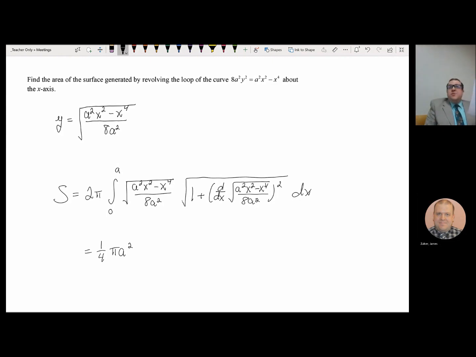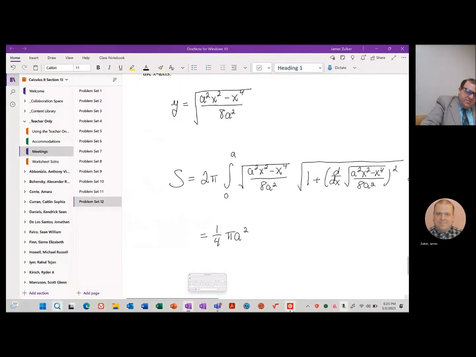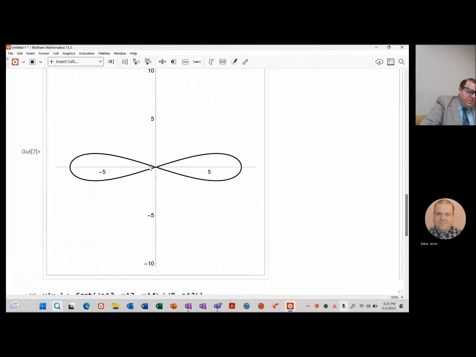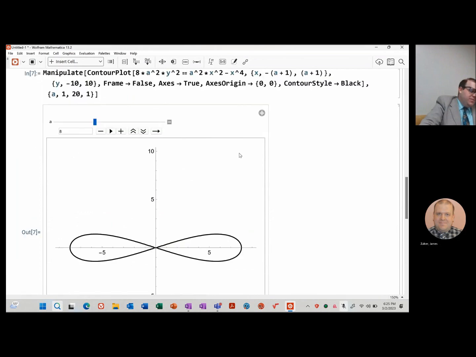That's why it was taking a while. Which is what I got with a bunch of algebra, which sadly I just don't have the time to go over. So by default, if they don't tell you the boundaries, you would do 0 there. Now that came from our analysis of the graph. Right, one loop. We said if we're just going to do the top, that goes from 0 out to whatever a happens to be, right?